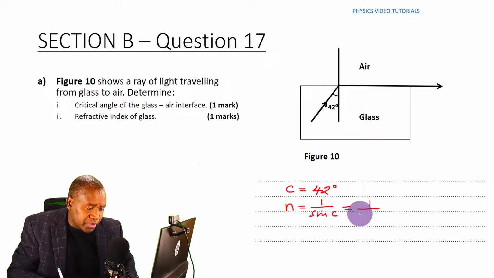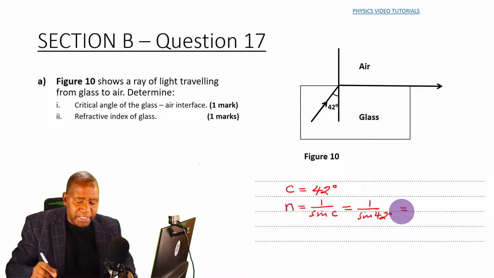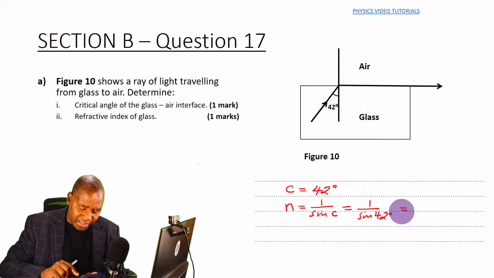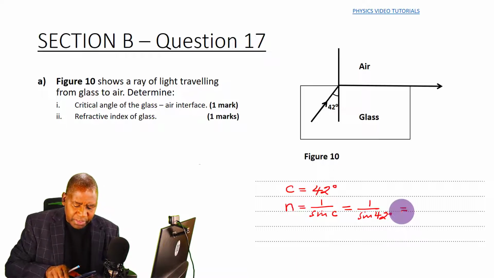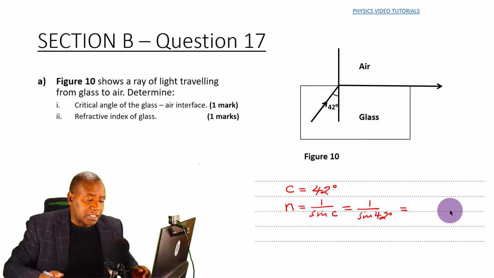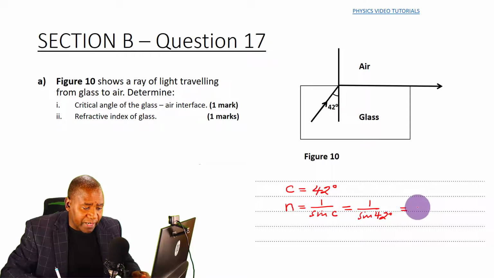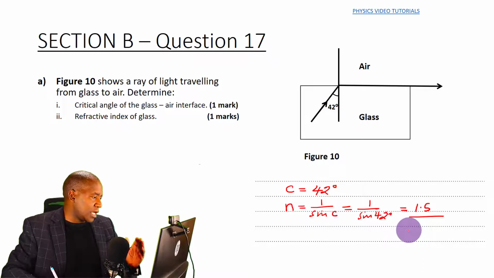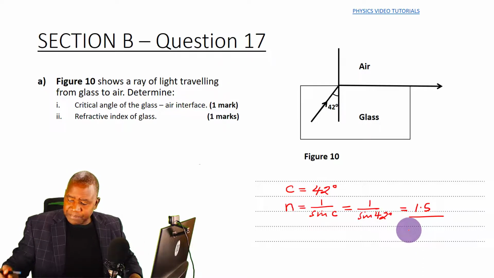So we're going to say this one is 1 over sine of 42 degrees. Let's see what that gives us. 1 divided by sine of 42, and I get 1.49447. We could say it is approximately 1.5. And that is how you work out that part.